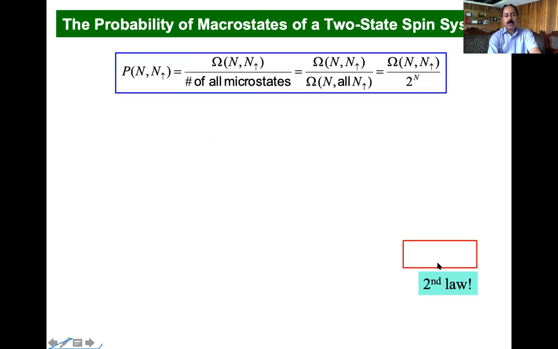Right. So now comes the probability of a macrostate. Probability means the occurrence of that macrostate.